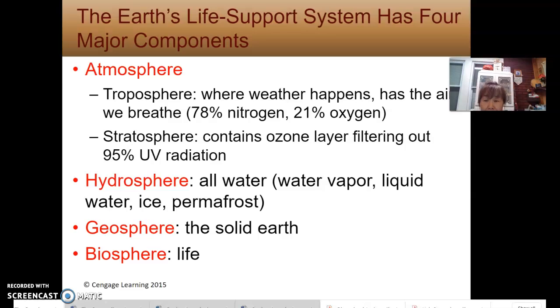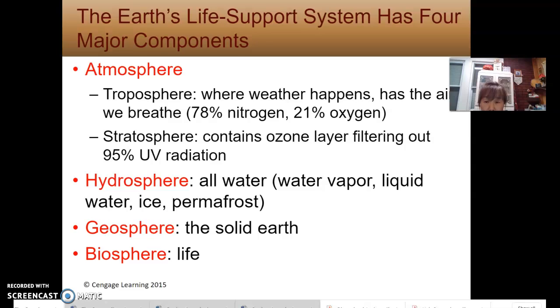First, let's look at the atmosphere. The atmosphere can be divided into several layers. There are 4 of them, but here we only discuss 2 of them. Those 2 are close to Earth's surface.